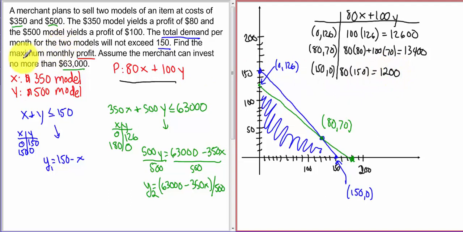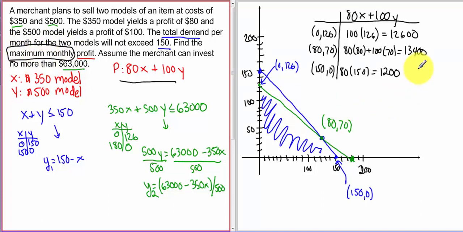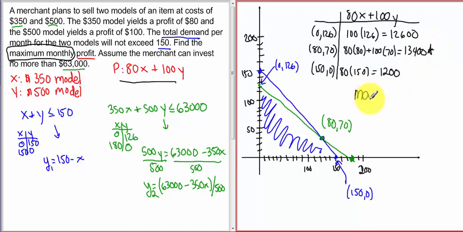So I am looking for the maximum monthly profit. So my maximum monthly profit happens right here. So write me a sentence. Max profit is, I'm going to make that look a little nicer.